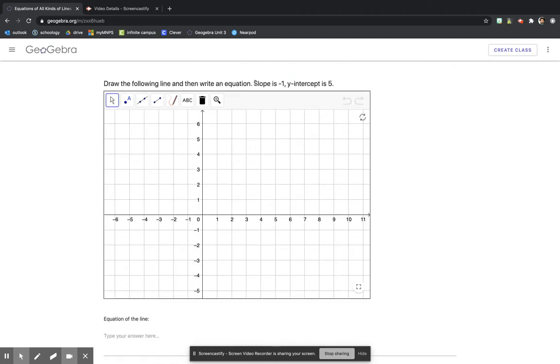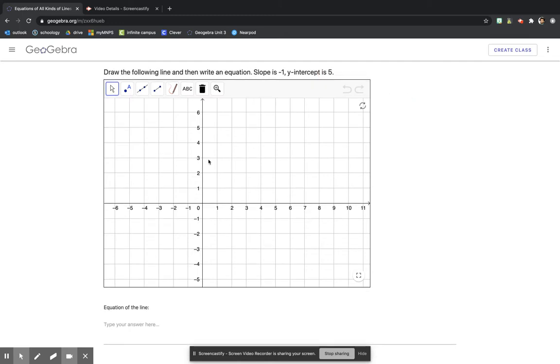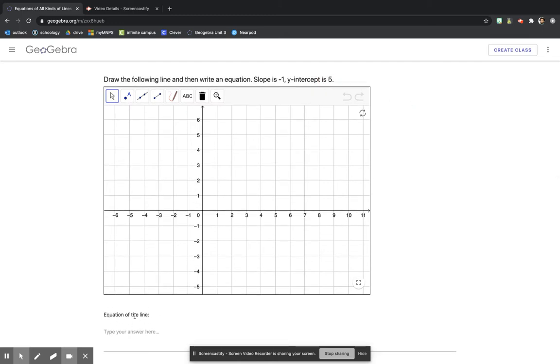Another one. This one tells us our slope is negative 1 and our y-intercept is 5. So this time we don't even need to read an equation, but it's going to ask us to write our own equation. So my y-intercept is 5, so I'm going to go ahead and put a point at 5, and then my slope is negative 1. So that means every time I move 1 unit to the right, I'm going to go down 1 unit.